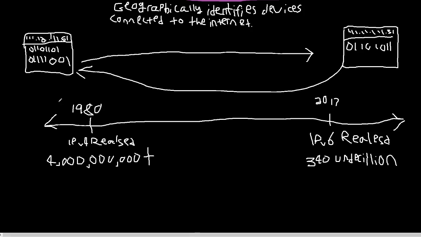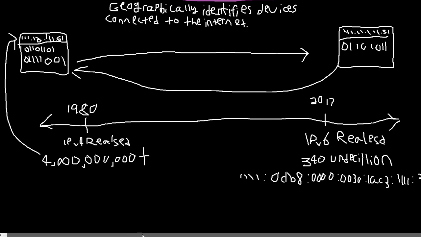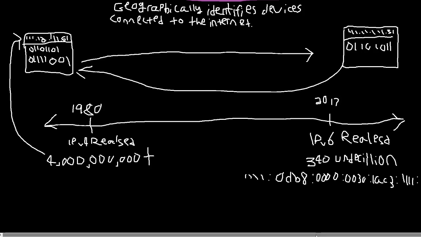IPv4 addresses are going to look something like here in our box. That's going to be an IPv4 address. Now an IPv6 address is going to look something like this. This isn't going to be the full length of an IP address. We're going to move that over a little bit. But there's going to be 8 of these.